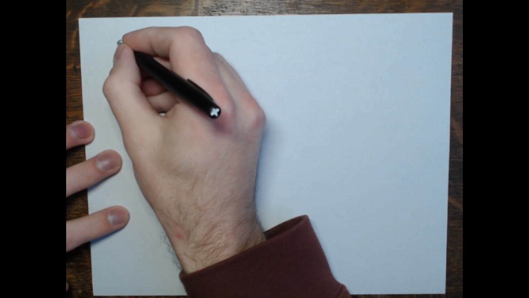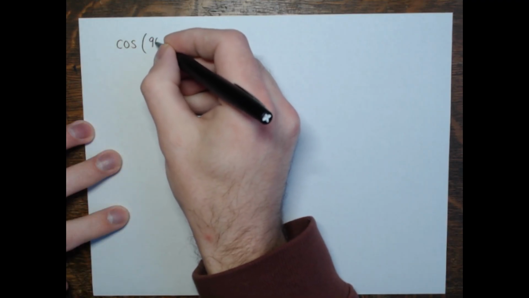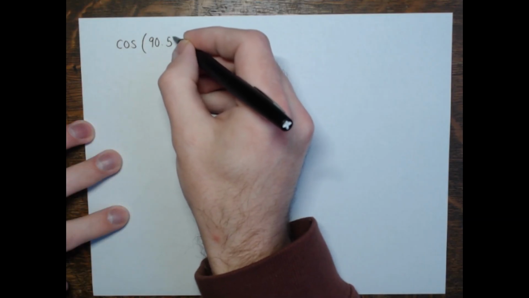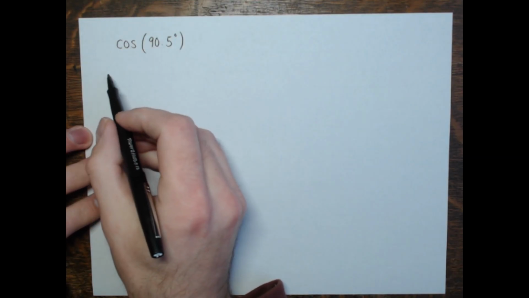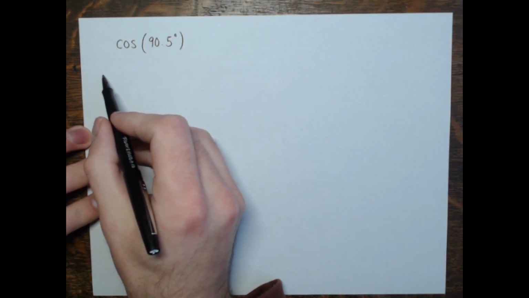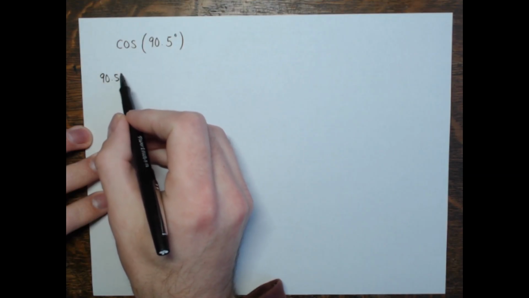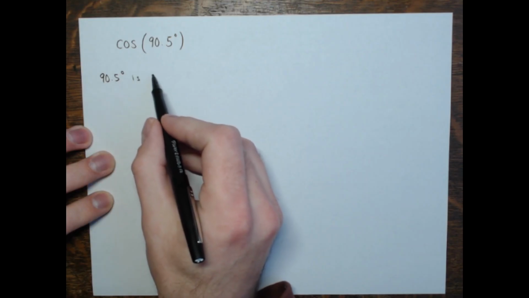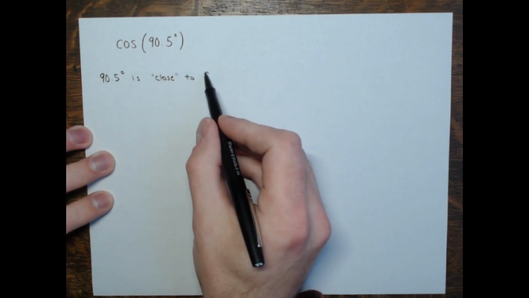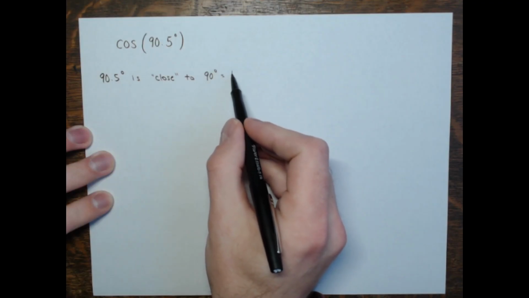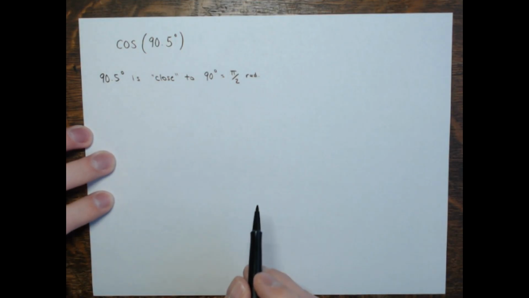So we're asked to approximate, or estimate, the cosine of 90.5 degrees. So again, what I'm going to do here is convert, and this 90.5 degrees is close, half a degree off. It's close to just 90 degrees, which we'll call pi over 2 radians.